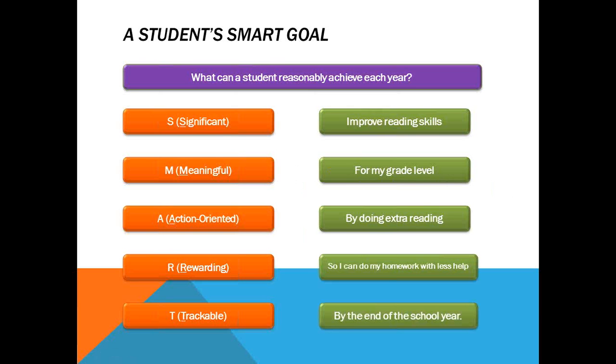So if I'm a middle school student and I want to raise my reading level either to the current grade or to be very proficient in reading at my grade level, then I could set a goal, or you could work with your student, or even just keep in mind that the goal might be, using the SMART formula, improve reading skills for my grade level by doing extra reading so I can do my homework with less help by the end of the school year.